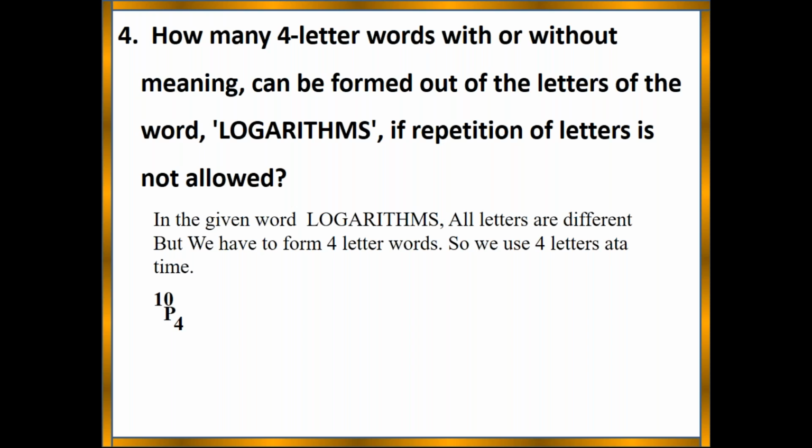10P4 means 10 factorial by (10 minus 4), 6 factorial. 10 factorial by 6 factorial. 6 factorial cancels, 7 into 8 into 9 into 10 left. Do it fast, find the value of 7, 8, 9, 10.